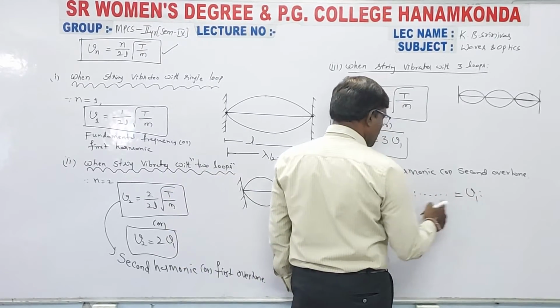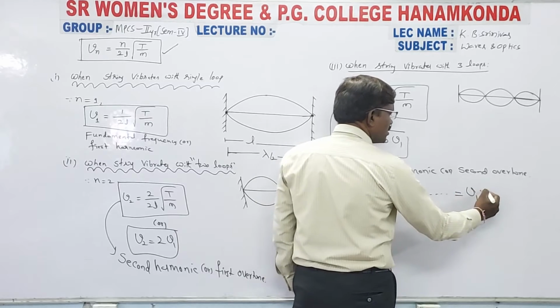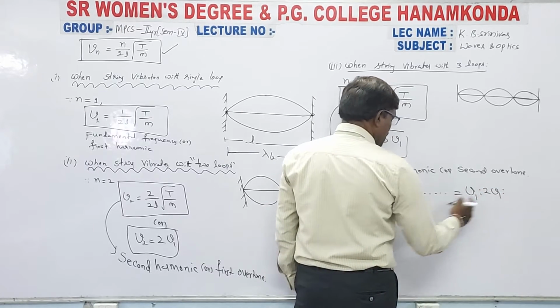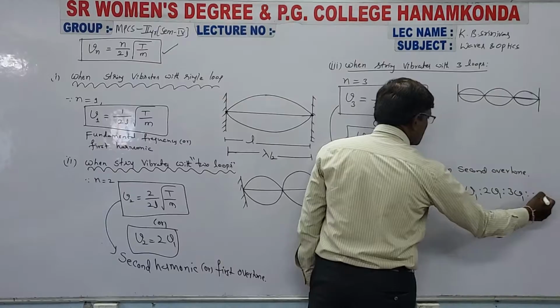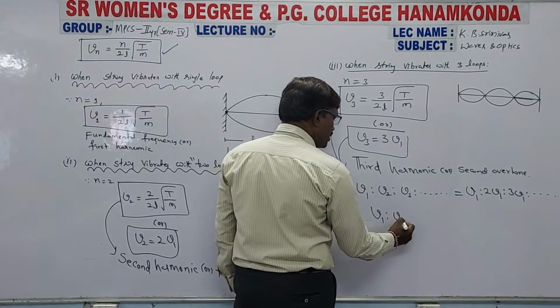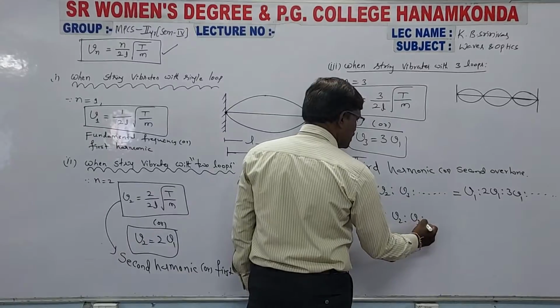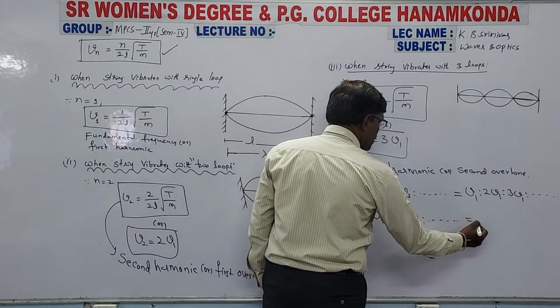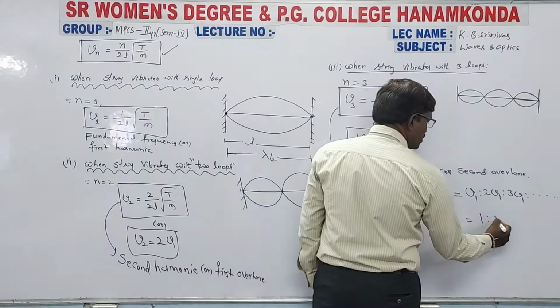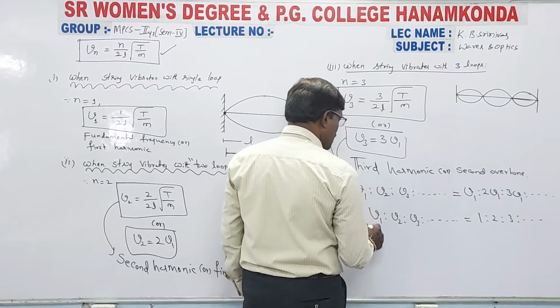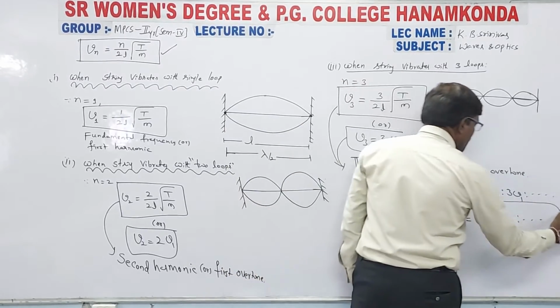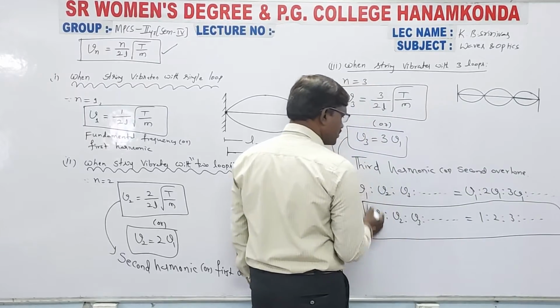Already I have expressed the second harmonic as 2 into nu 1, third harmonic as 3 into nu 1 and so on. If I cancel nu 1, finally we get nu 1 is to nu 2 is to nu 3 and so on is equal to 1 is to 2 is to 3 and so on. So, this is the relationship between the frequencies in the wire.